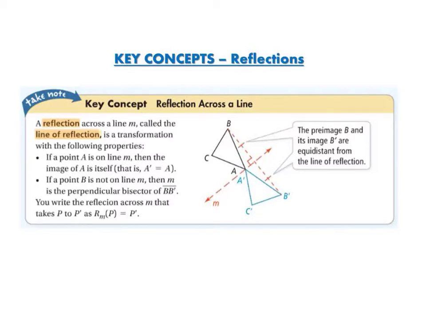Notice it is the same distance away from this line. It is almost like you just flipped it over the line. It is a transformation, and it has the following properties. If point A is on the line of reflection, then the after image is also on the line.